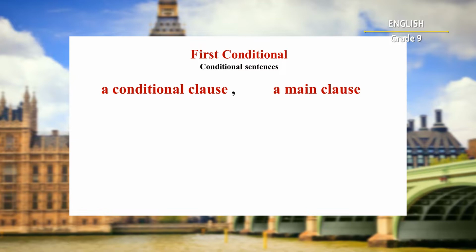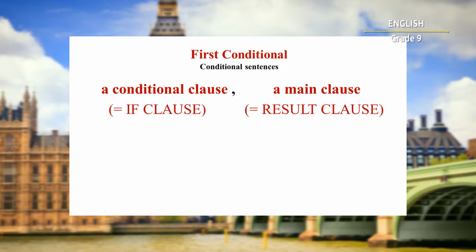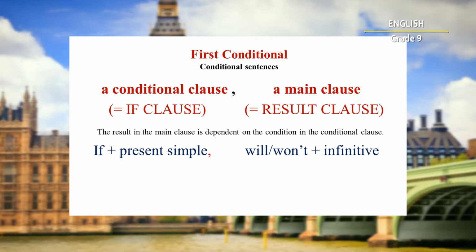Conditional sentences usually consist of two clauses. A conditional clause, another name is if clause, and a main clause, another name is result clause. The result in the main clause depends on the condition in the conditional clause.